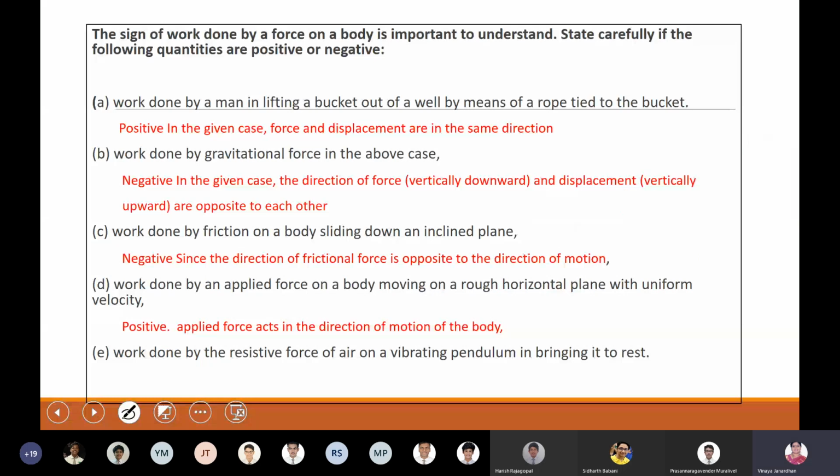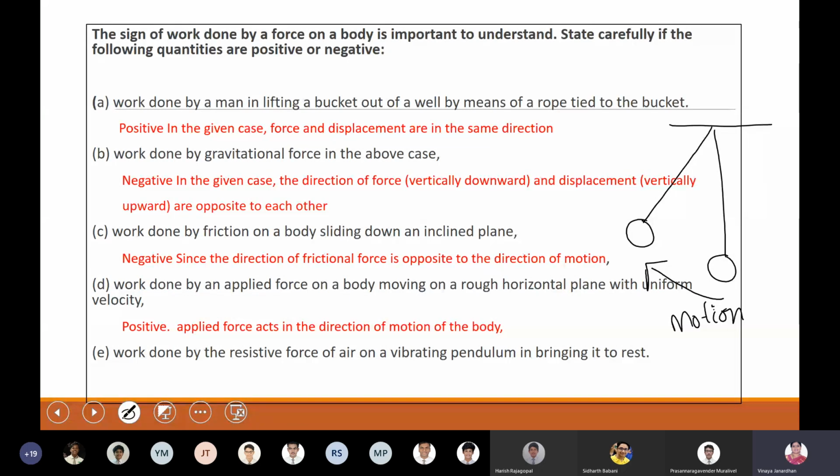Now look at this simple pendulum. When the pendulum is oscillating, this is the direction of the motion of your pendulum. You would have seen that when you make a pendulum oscillate, finally it comes to rest.